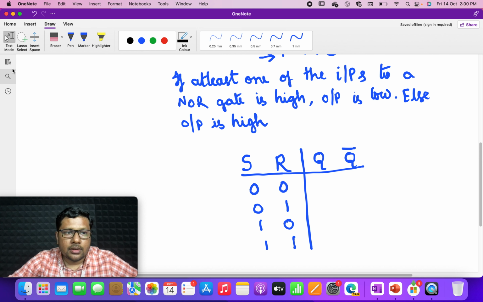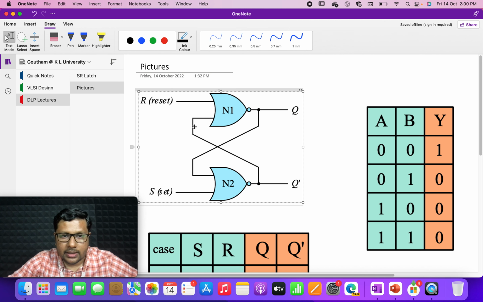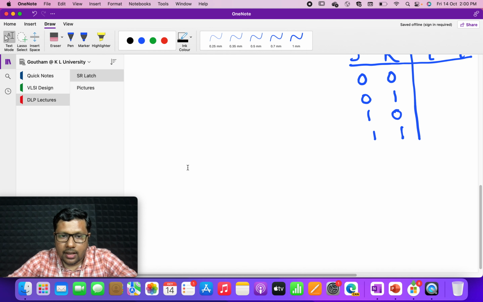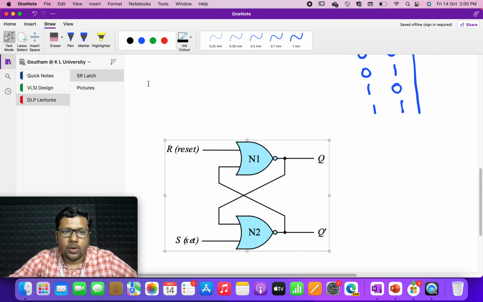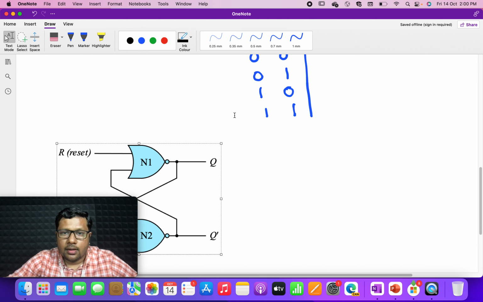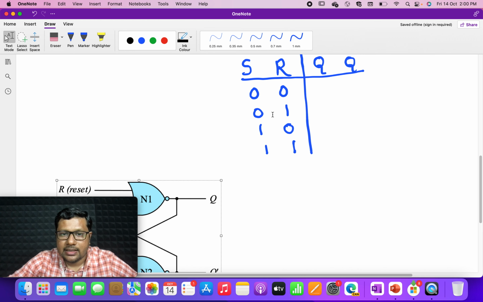Let me go case by case. For that I need the picture of an SR latch, so let me bring this here. I want to analyze this SR latch. The first case is 00, the second case is 01, the third is 10 and the fourth is 11.